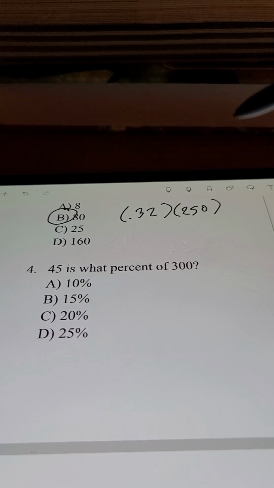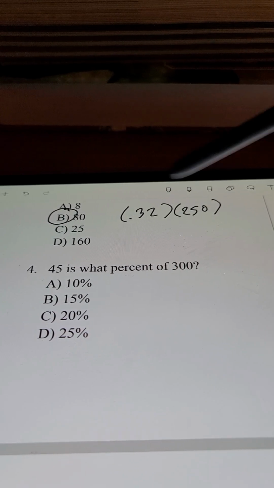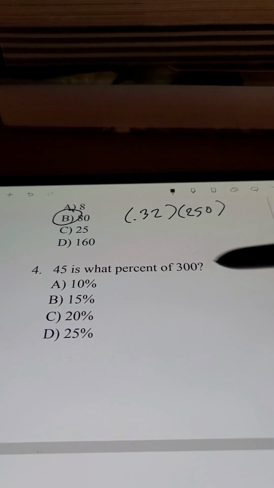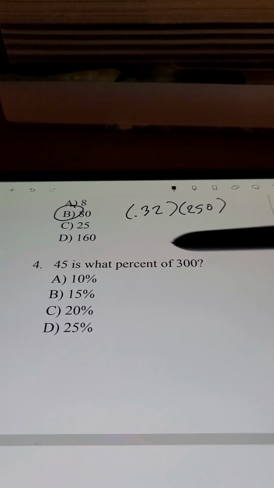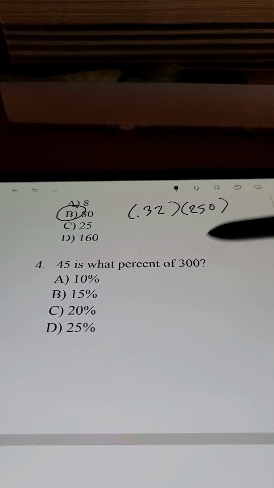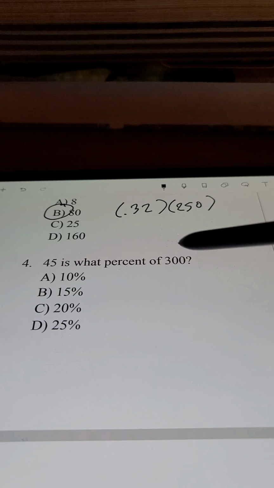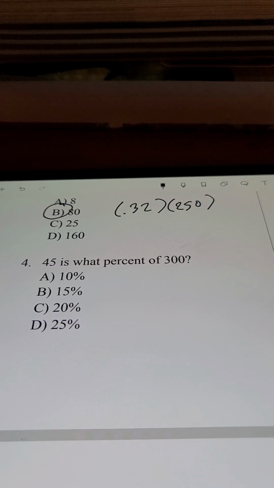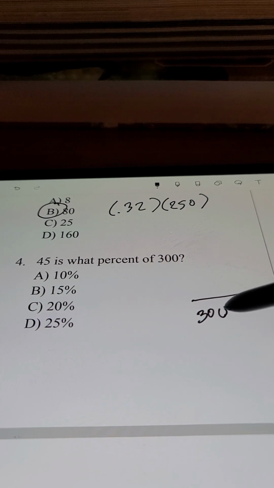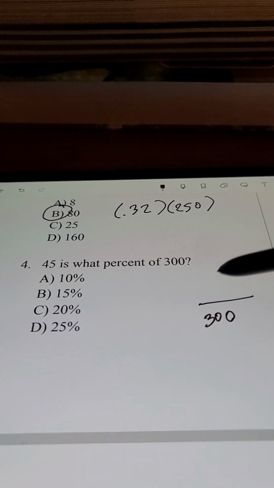Okay, now we're on number 4. It says 45 is what percent of 30? So for this one, I think it's easiest for most students to set up a proportion. So you're trying to find what percent, what percent of 300? I just realized I said 30. So what percent of 300 is 45?